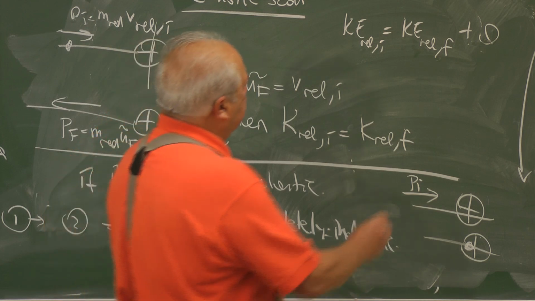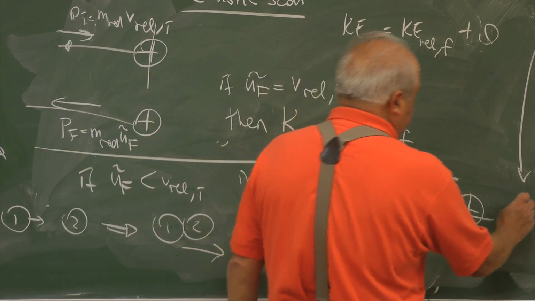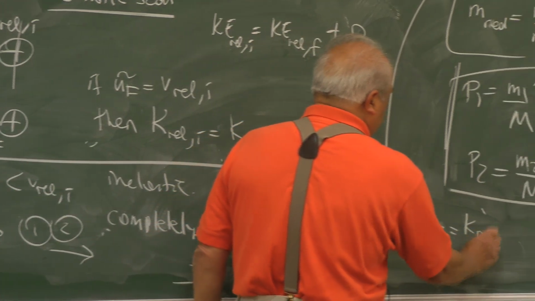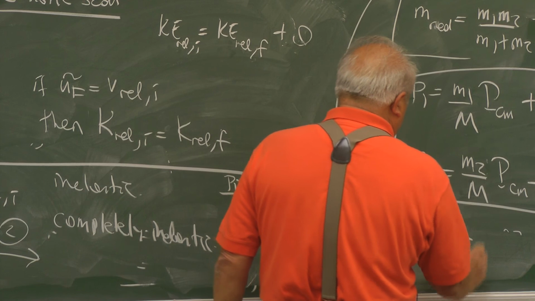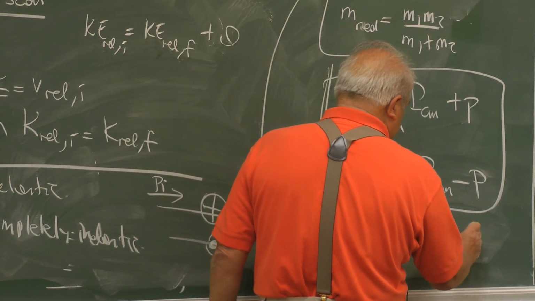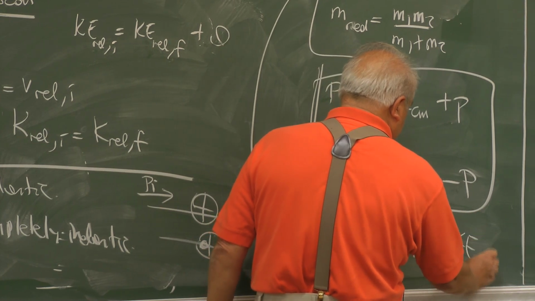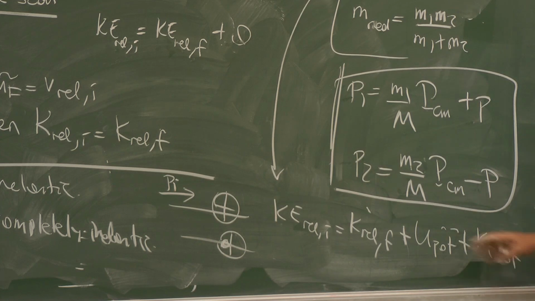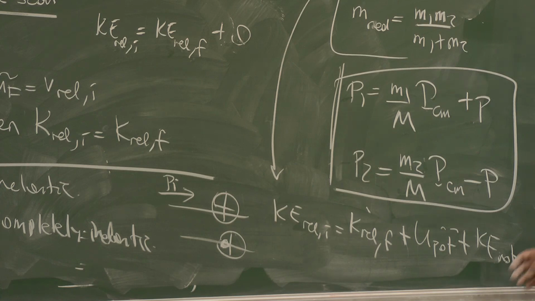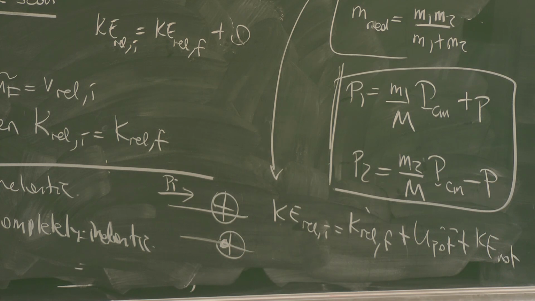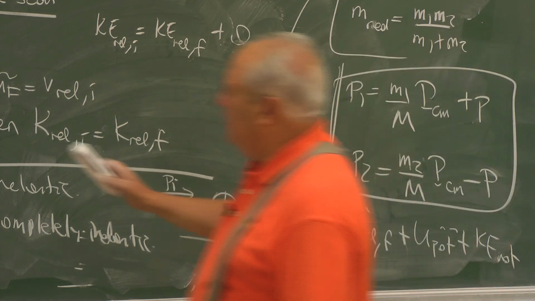So we can say KE relative I is equal to K relative F plus U potential. Perhaps there is some kinetic energy of rotation. We shall still refer to it as elastic, namely because we can account for this energy. But if it's irreversibly lost to deformation and heat, that will be Q. All right. Now, there is one interesting thing.